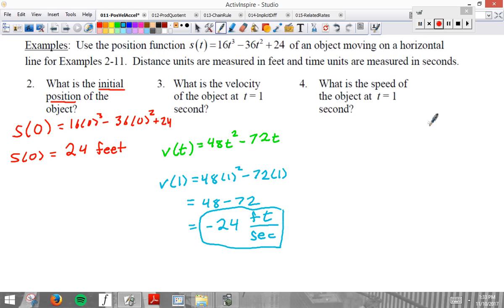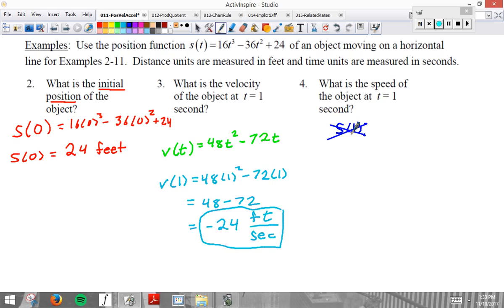What is the speed of the object at t equals 1 second? Now every year on tests in this topic, people want to write s of 1 for the speed at 1. That is completely incorrect. s is already declared as the position function. So we're never, ever, ever going to write s for the speed function.